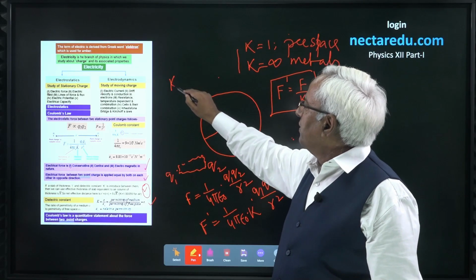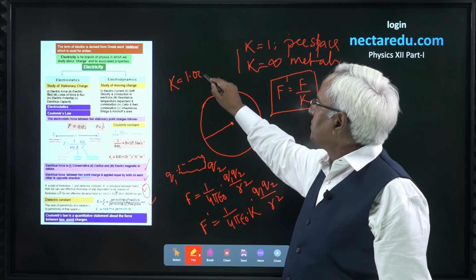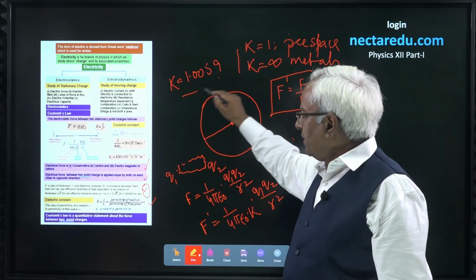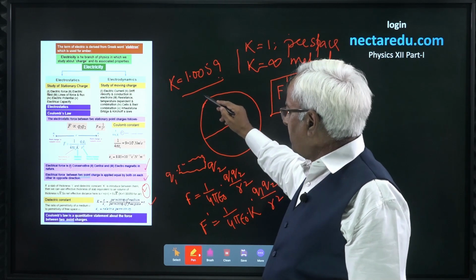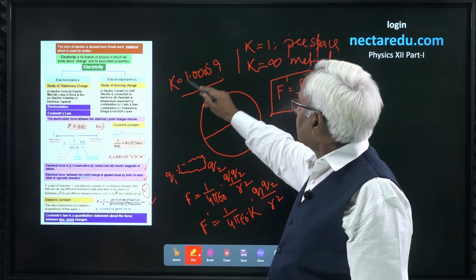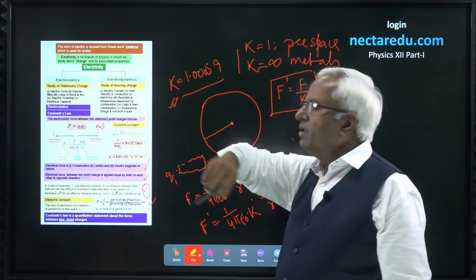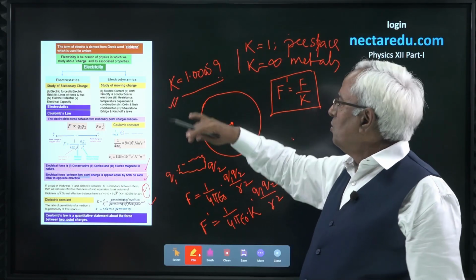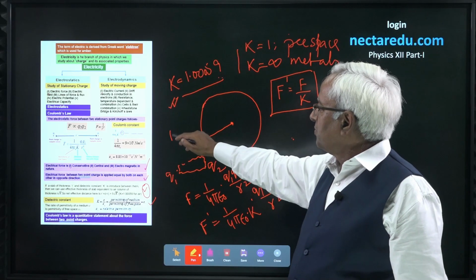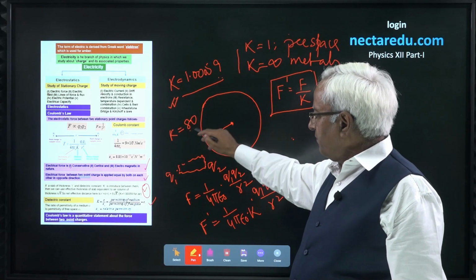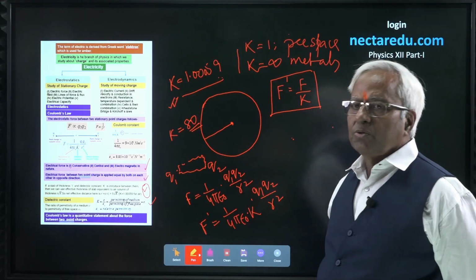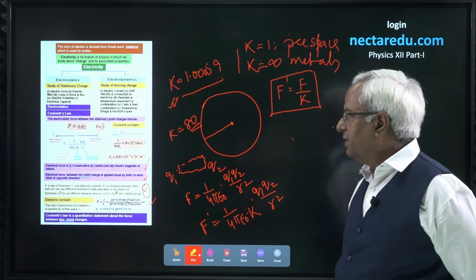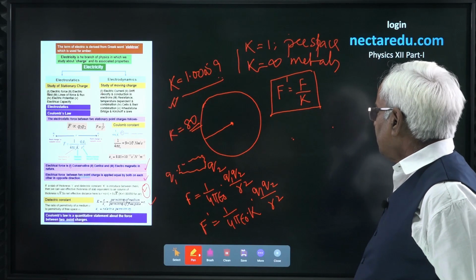For example, when you consider air, it is 1.00059. For water vapor, it is going to be 60. For water itself, k is equal to 80. The maximum value of k goes to 1000 times also.